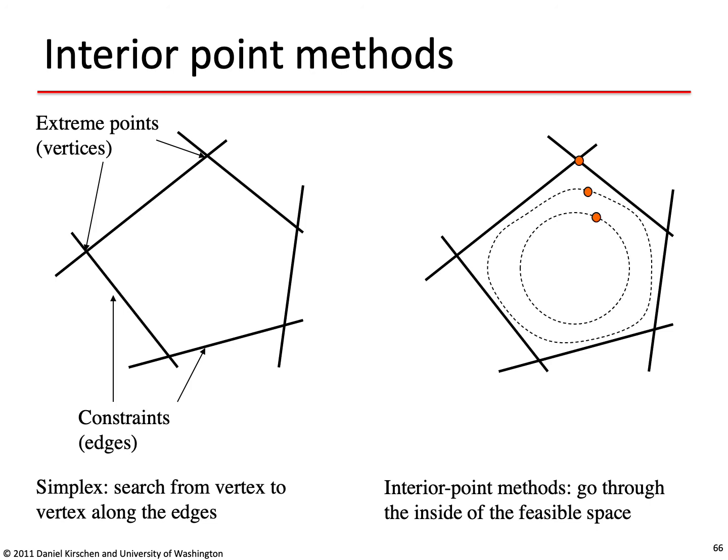On the left, we would have what the simplex method does. It searches from vertex to vertex until it finds the one that corresponds to the optimal solution. The interior point method on the right, the idea is to go through the inside of the feasible space and progressively tighten the barrier functions so that they approximate better and better the linear constraints.